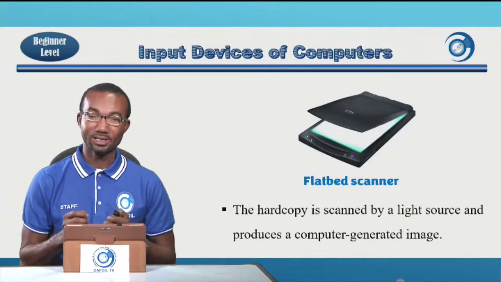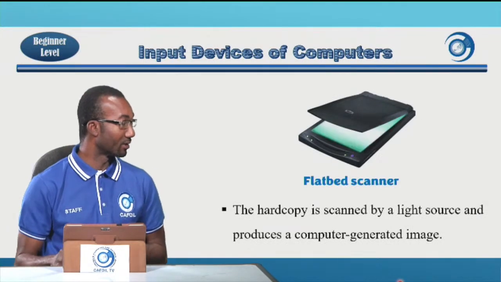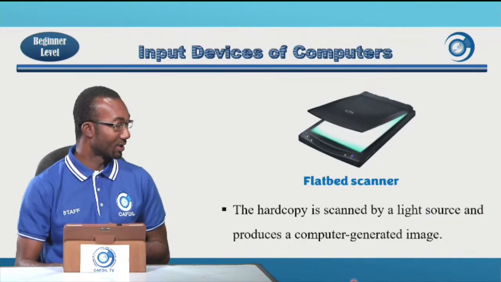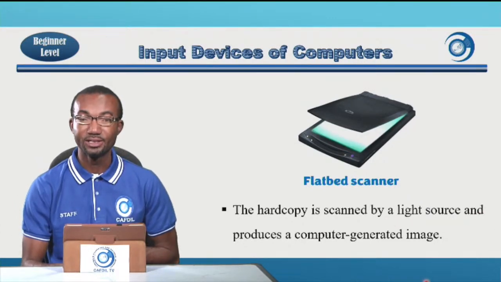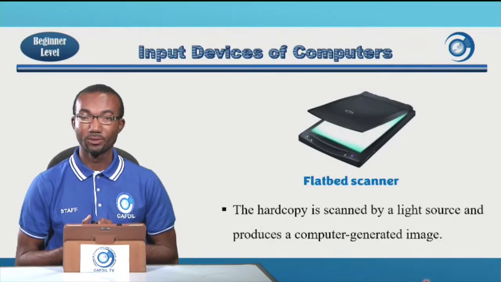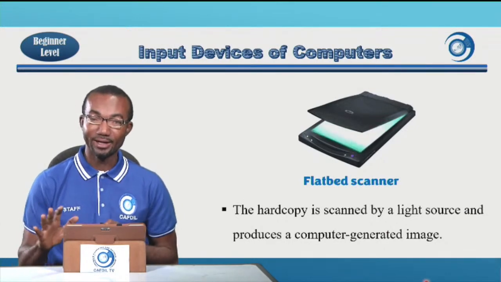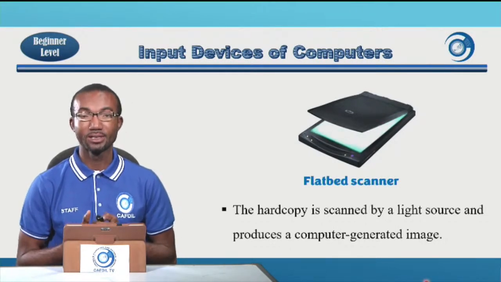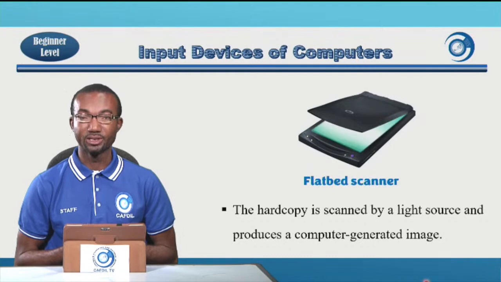The most popular scanner that we see is the flatbed. This is called a flatbed scanner. This is called the flatbed, and it operates by a light source that generates a computer image. So you put the document there and the light source will operate, and then it will produce for you a computer generated image.